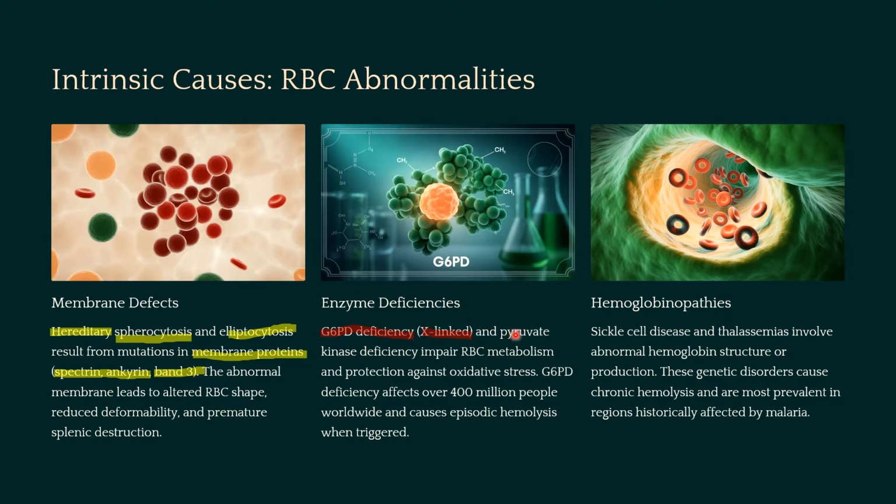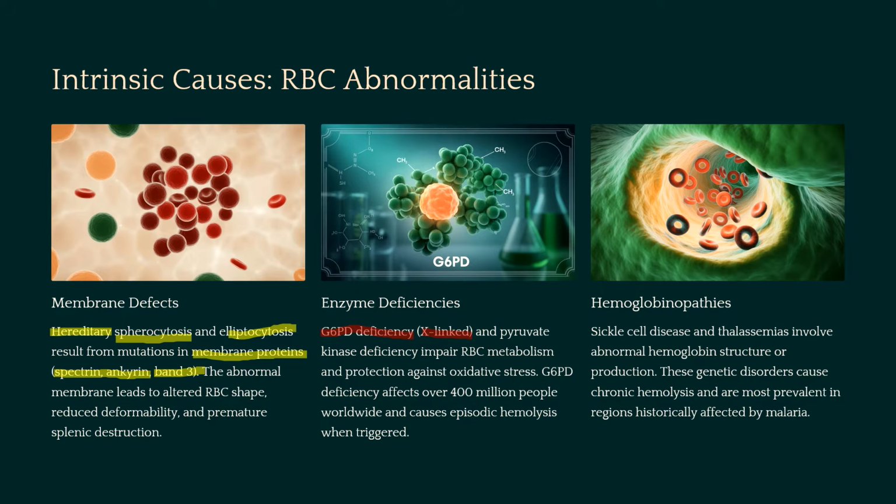That means the production, the maturation, and the destruction of the RBC are dependent somehow on this glucose 6-phosphate dehydrogenase. G6PD deficiency affects over 400 million people worldwide. We have crossed through this information.